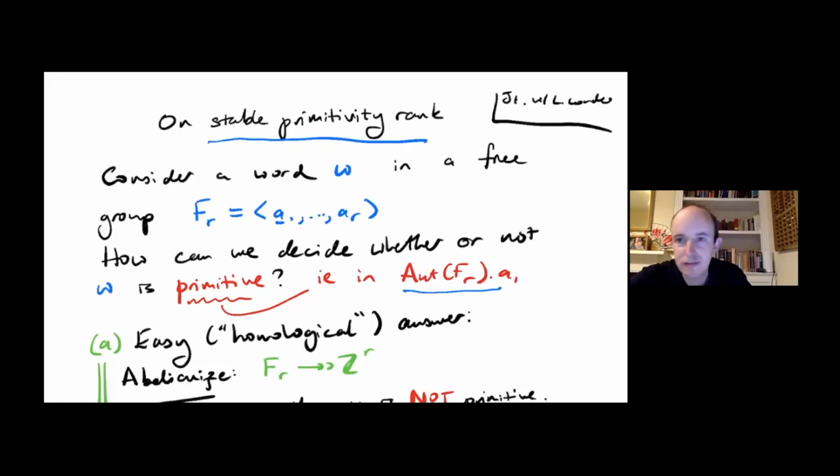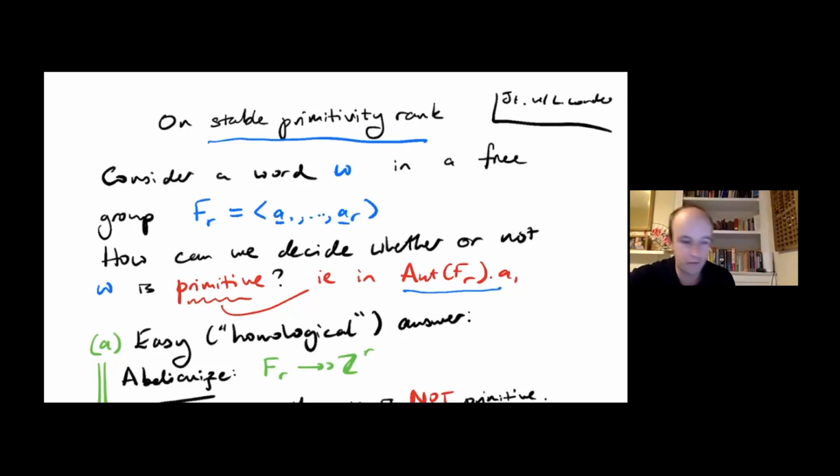When we define free groups, we often define them with a basis. So we often start by saying they're generated by A1 up to AR, and they're the free group on those generators. No relations hold between those generators, or they have a universal property, or however you want to say it. Those generators are extremely non-unique.